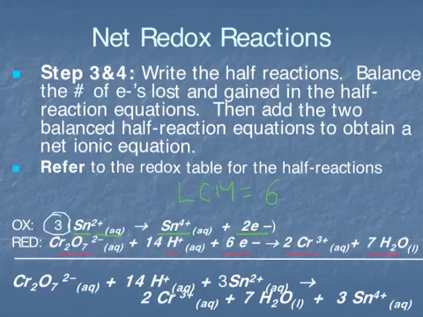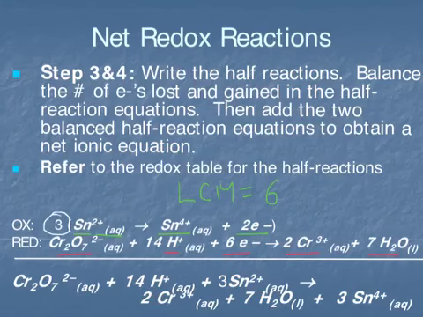And then if we do that and we add everything together, we have dichromate plus 14 hydrogen plus 3 tin 2+ (remember, we multiply everything by 3) yields 2 chromium 3+, 7 water, and 3 tin 4+. Check the charges to see if they're still balanced.